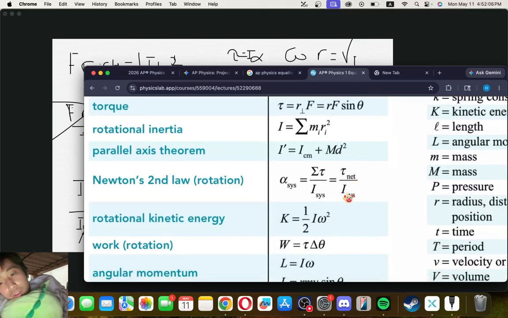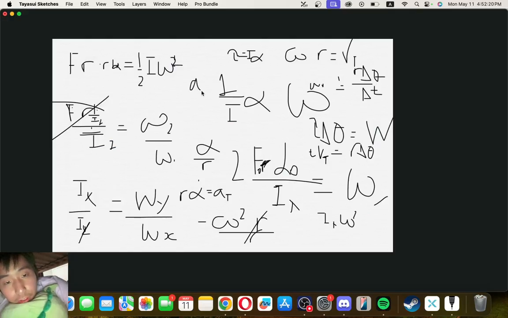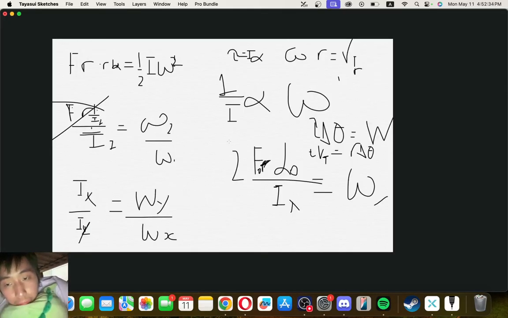Yeah, this is what you're supposed to start with. Alpha system equals torque net, right? And this alpha equals A_T over R. Wait, I think I got it. I might have done one after all. Let me see how much time I have. Did I spend 40 minutes of my life? I spent 13. Okay.